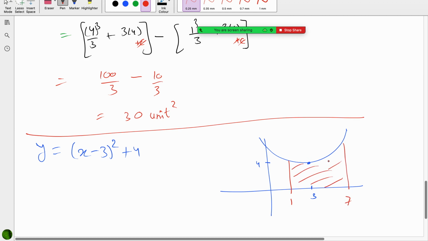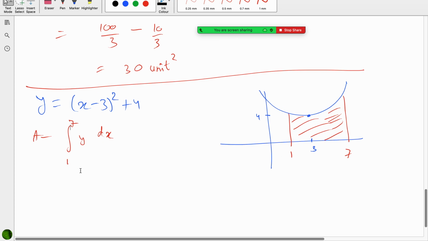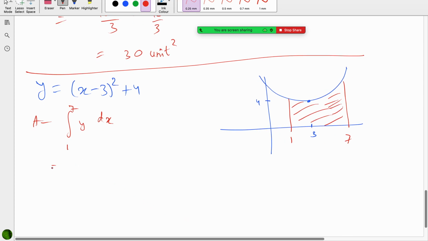So we're going to find the shaded area. Now area is equal to the integration of y with respect to x, and the limits are 1 to 7. Any confusion? Second step, substituting the value of y: integral from 1 to 7, and y is actually x minus 3 raised to power 2 plus 4 dx.